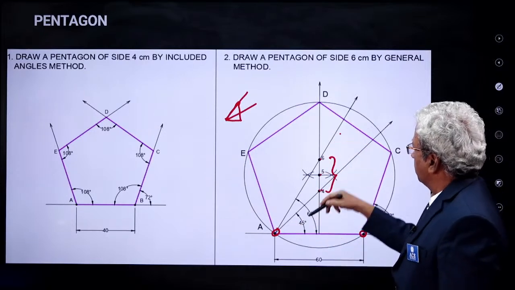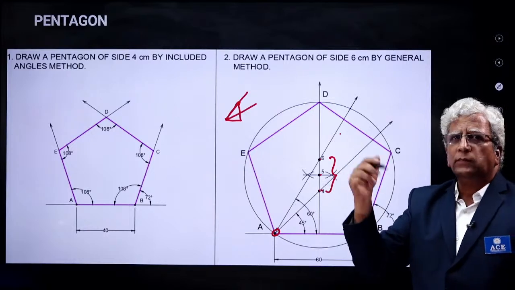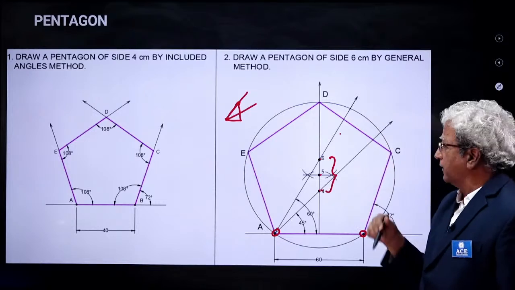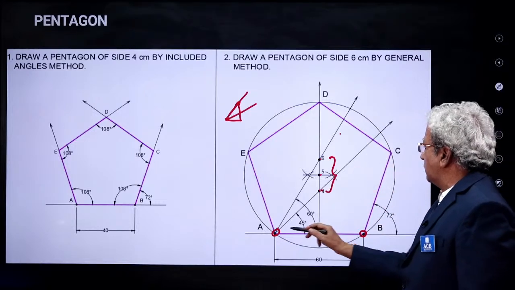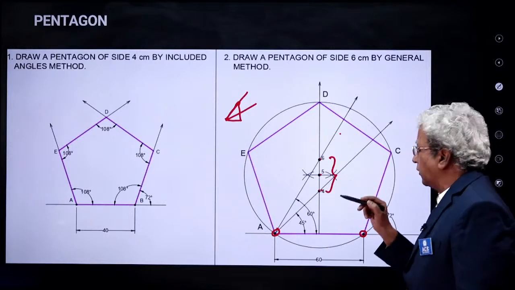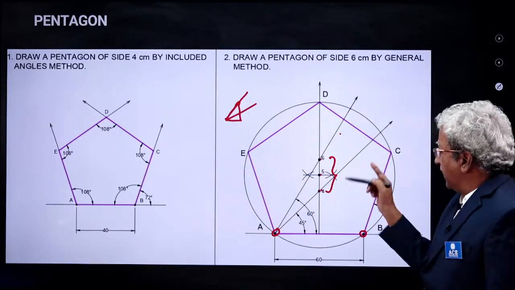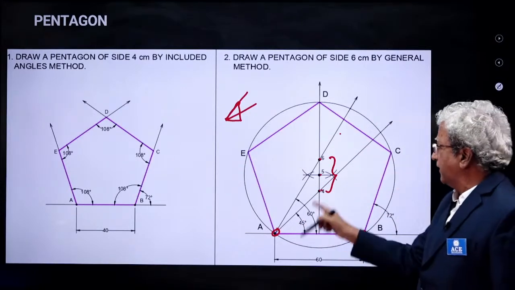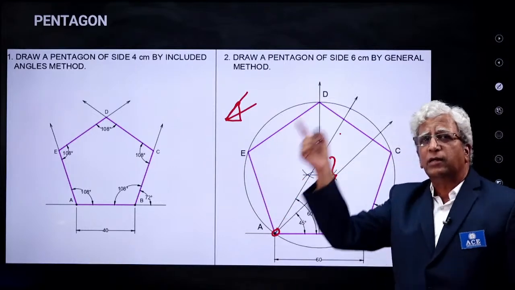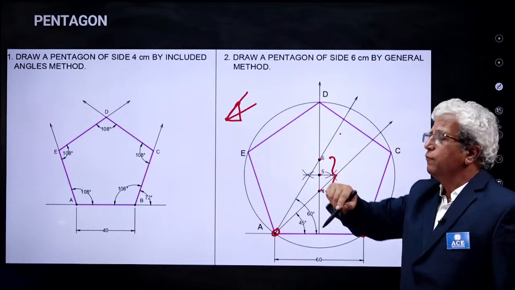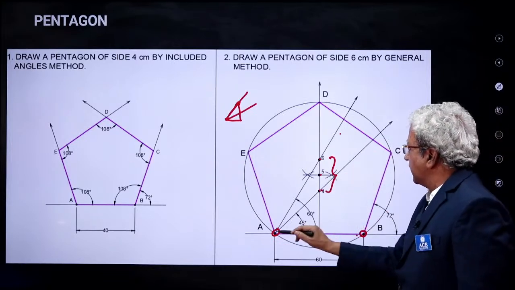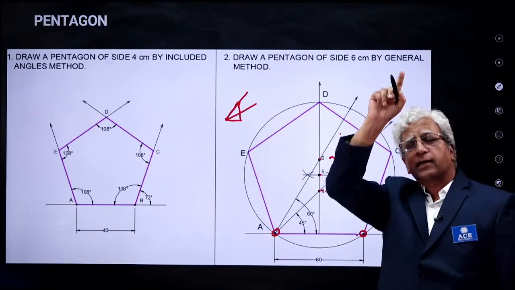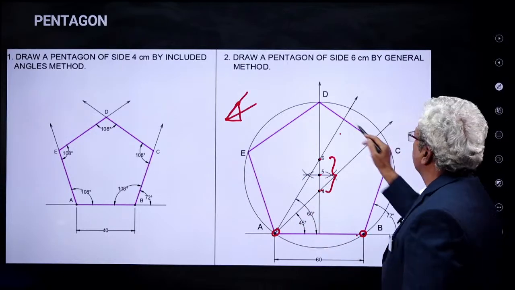Similarly, through A and B, if I draw a circle with center 6 and radius 6 to A, within that I can draw the hexagon. Therefore, with center 5 and radius A to 5, if I draw the circle, then within that circle I will get the pentagon.